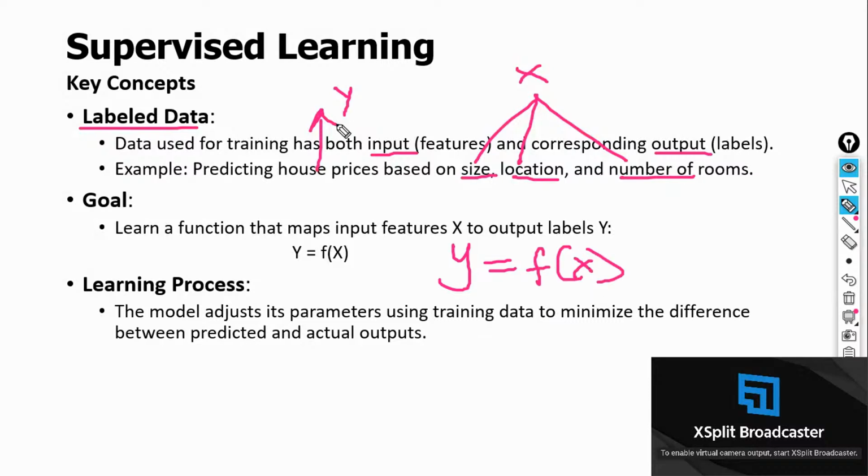Y represents the output and x represents our input. F represents a function of inputs. So in the back end, an equation will be created when the model gets trained. It tries to understand the pattern lying in the data and an equation gets created in the back end.